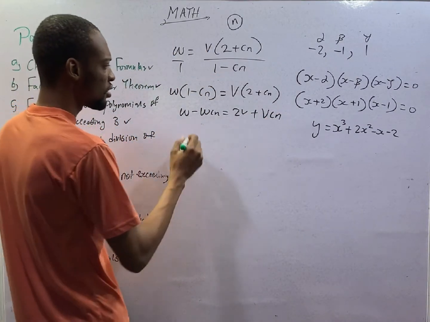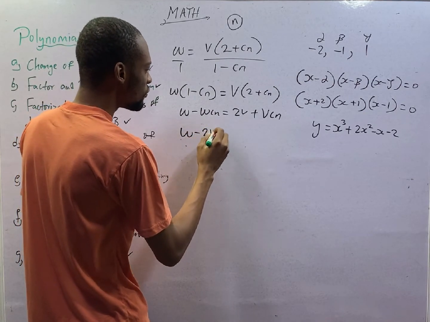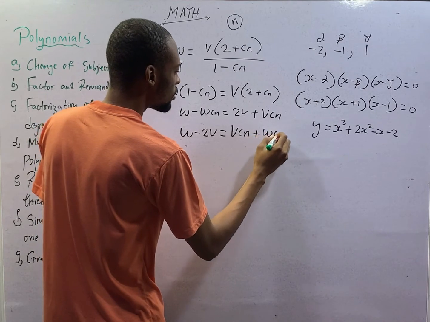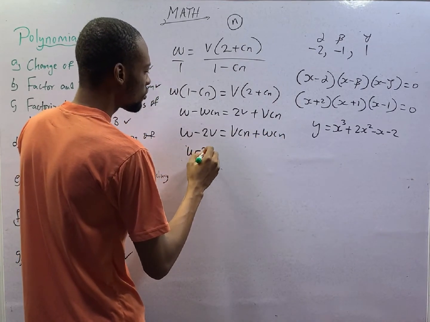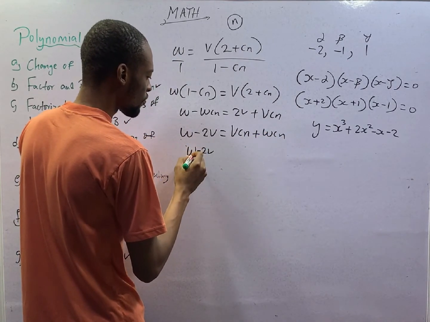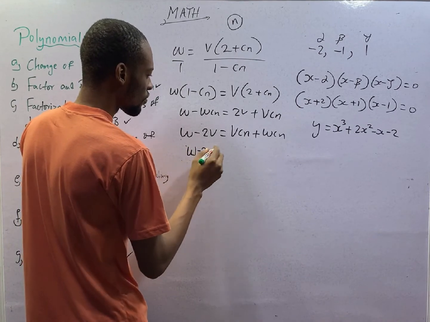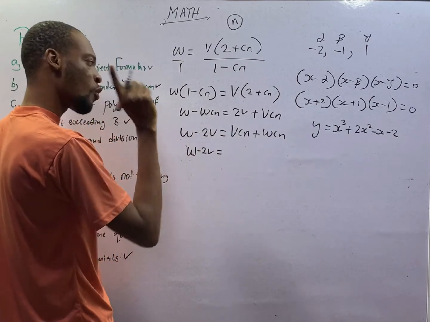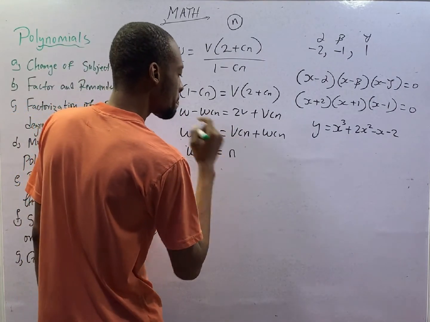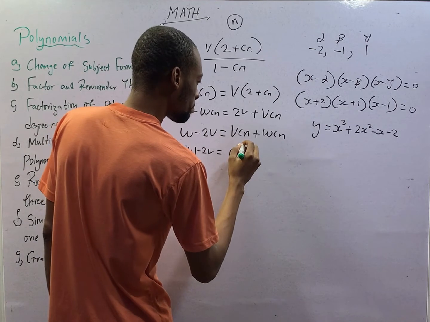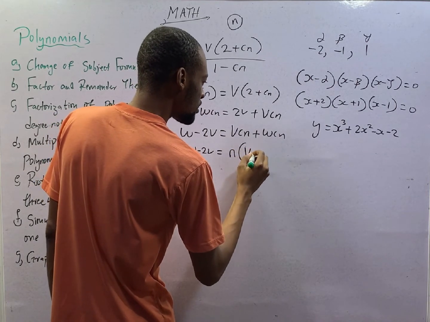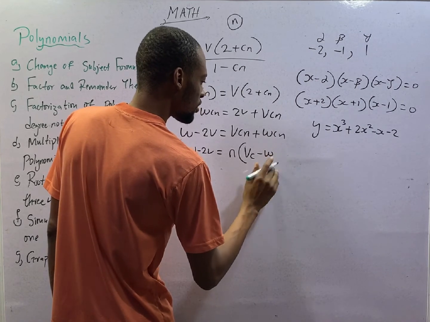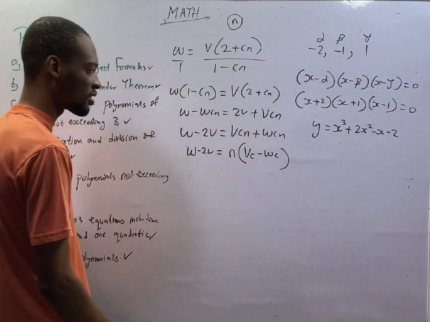Collecting like terms, W minus 2V equals VCn plus WCn. W minus 2V equals, there is n here, let's factor out n, n times VC minus WC.